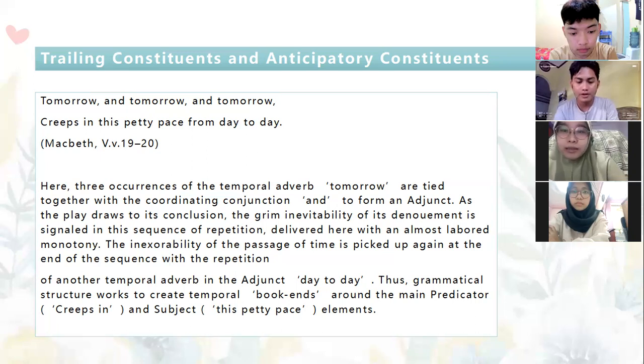The inexorability of the passage of time is picked up again at the end of the sequence with the repetition of another temporal adverb in the adjunct, day to day, day to day. This grammatical structure works to create temporal bookends around the main predicator creeps in and the subject this petty pace elements.